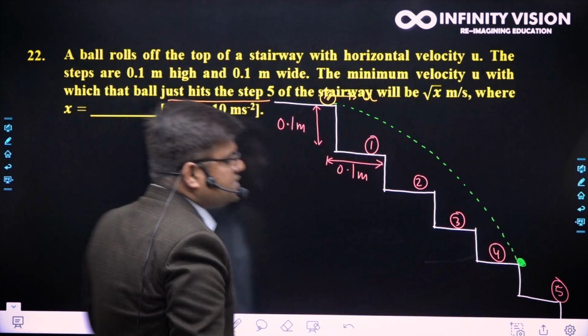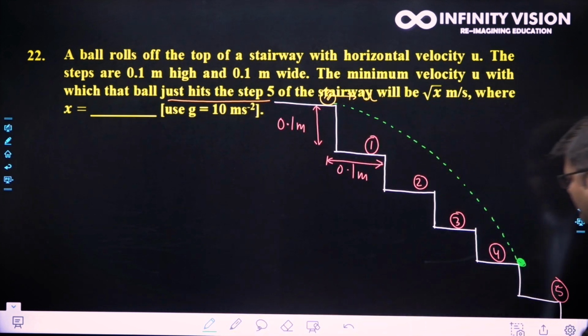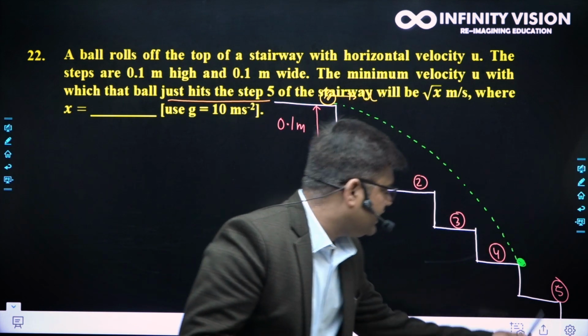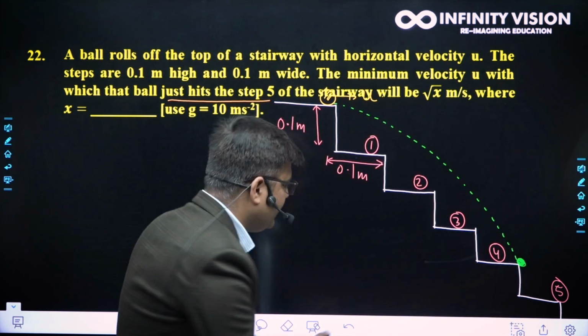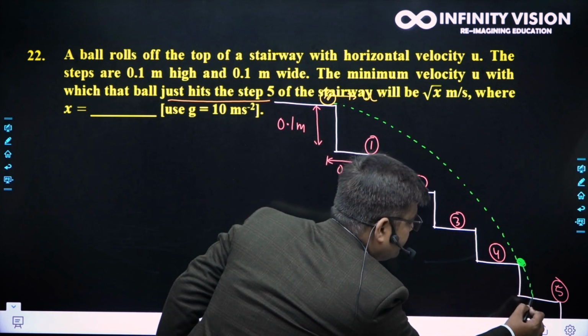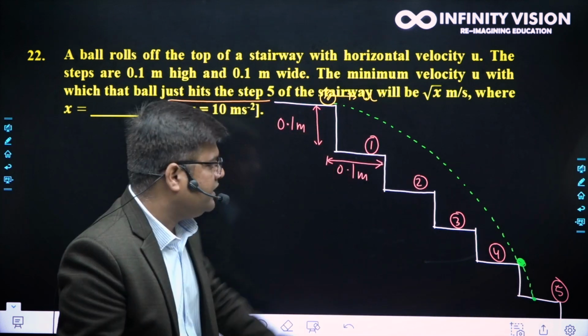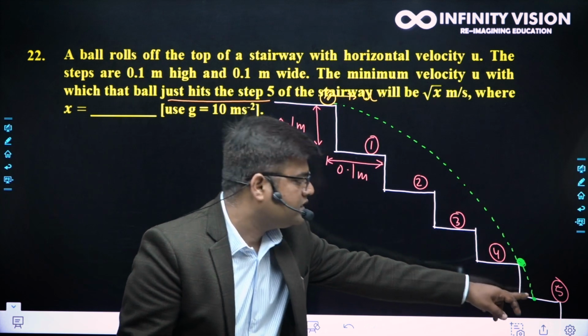If our ball is just able to clear step 4 at this point, where step 4 is ending, then naturally it will hit step 5 somewhere. So the limiting condition will be imposed on step 4, not on step 5.